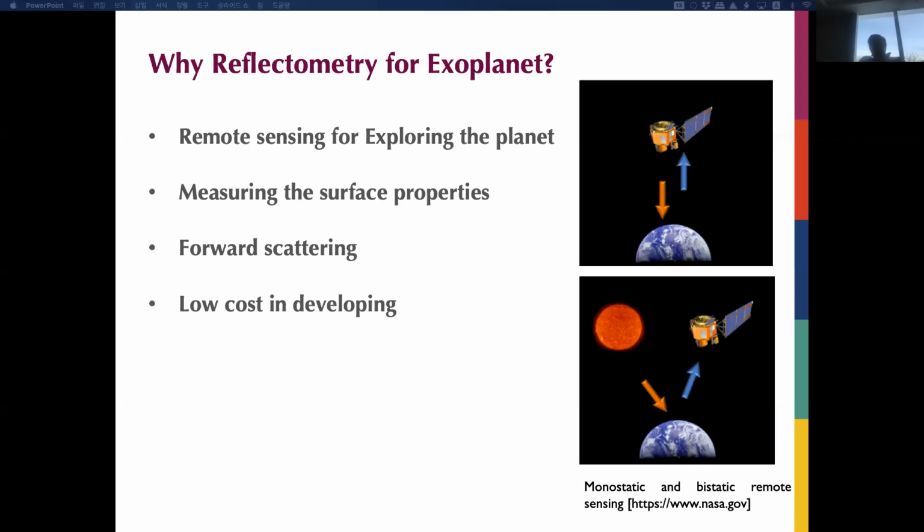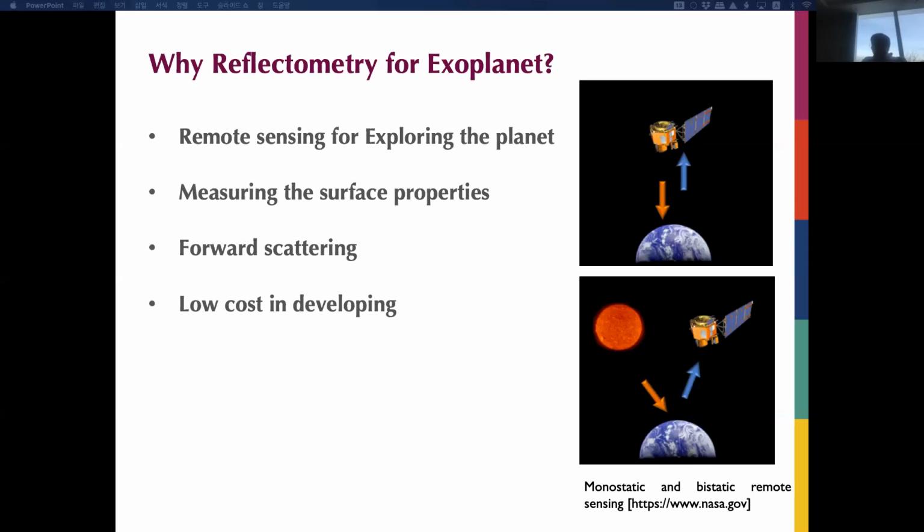Compared with that, GNSS reflectometry uses the forward scattering method in electromagnetic scattering. So GNSS reflectometry can measure a various range of incidence angles, and it will make our knowledge about the exoplanet grow. And the development price will be much lower than a star mission.